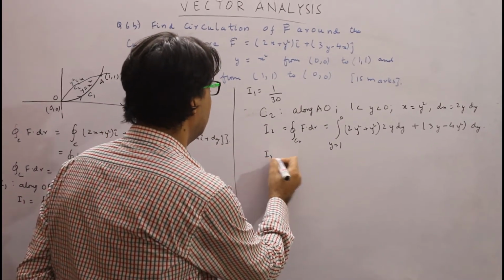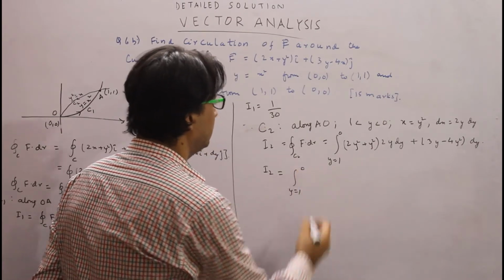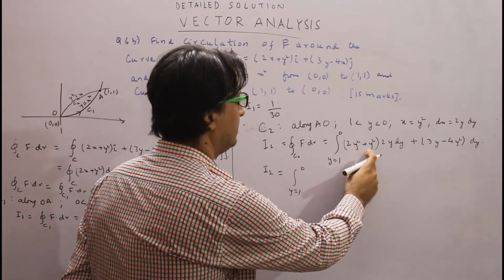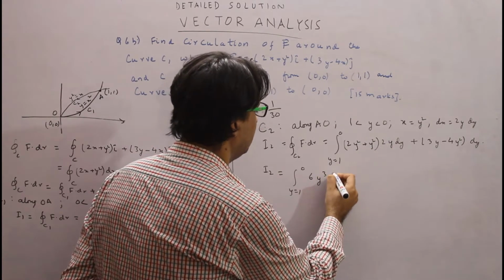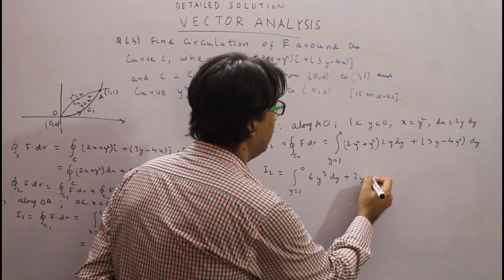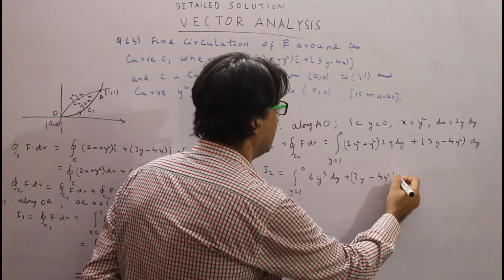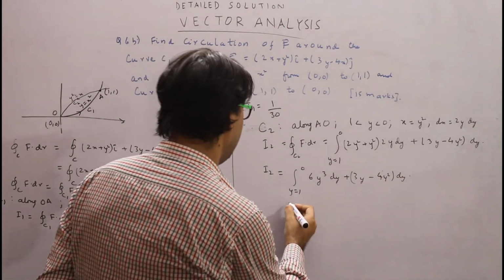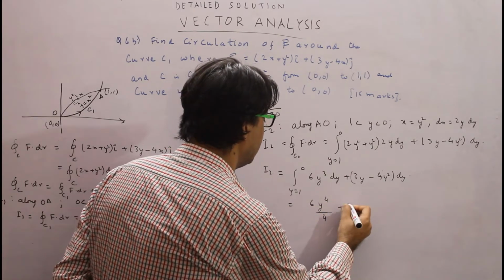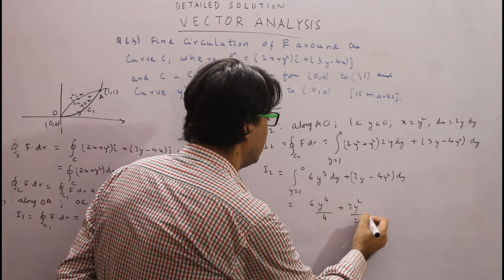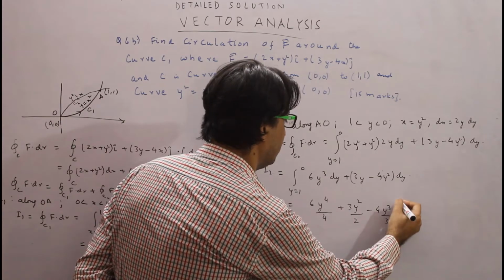So I2 is equal to integral from y is equal to 1 to 0 of 2 plus 3y square, 3 into 2 is 6y cube dy plus 3y minus 4y square dy. We can write this as it is. Now we will integrate. So this becomes y to the power 4 by 4 plus 3y square by 2 minus 4y cube by 3, and here limit is 1 to 0.